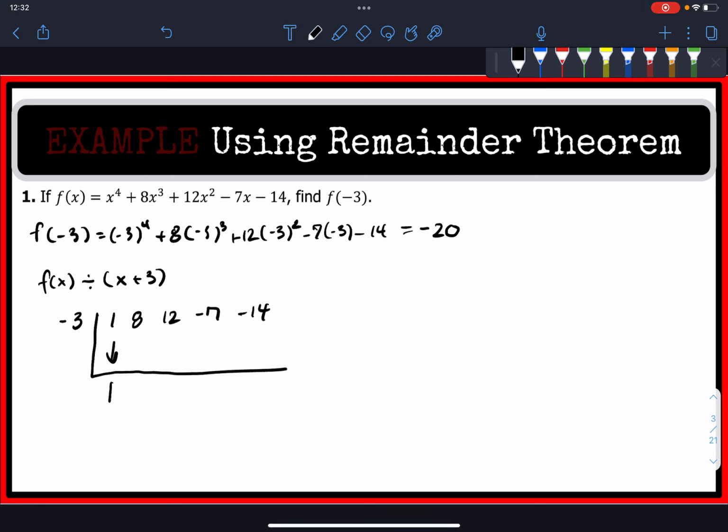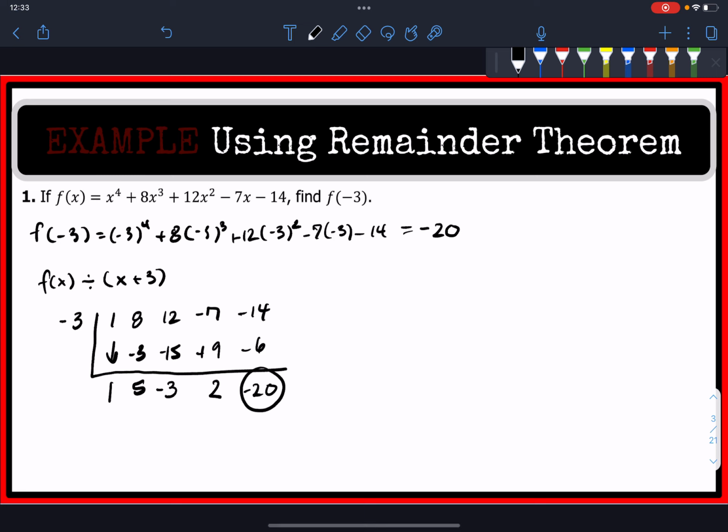I bring down my first number, multiply and add, multiply and add, multiply and add. Sorry, that's negative 3. So it becomes 2, multiply and add.